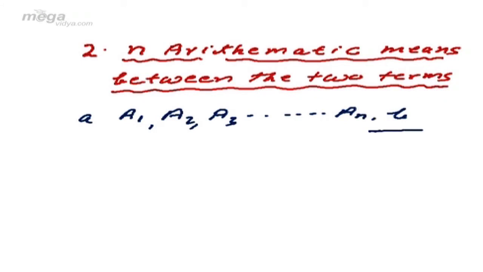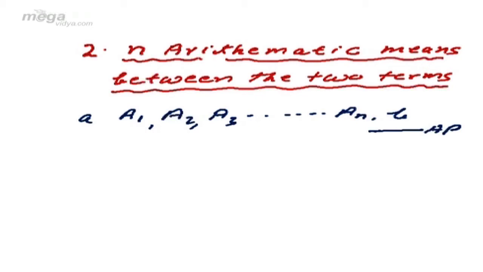Because of this, the sequence is in AP, where a is the first term and b is the last term. The total number of terms in this sequence is n plus 2, because we are inserting n arithmetic means between the two terms a and b.